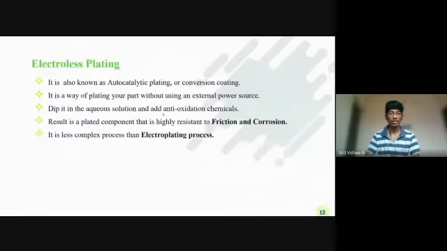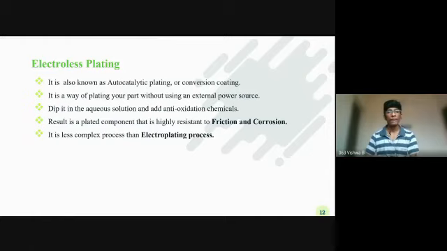The anti-oxidation chemicals are used in electroless plating for the deposition of the materials. The result is a plated compound that is highly resistant to friction and corrosion.